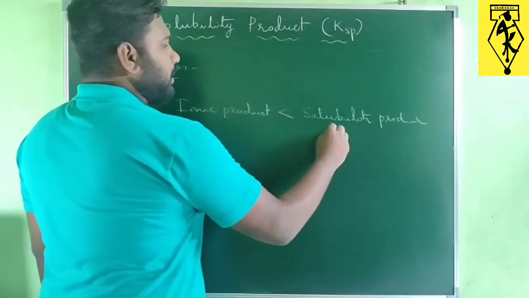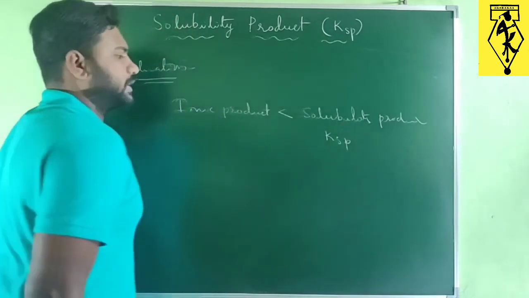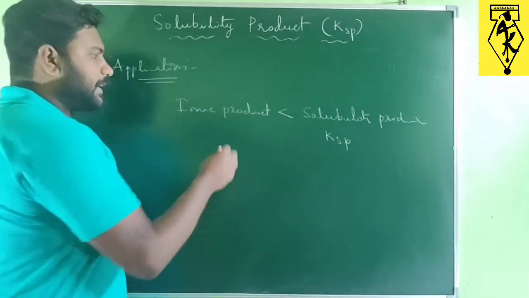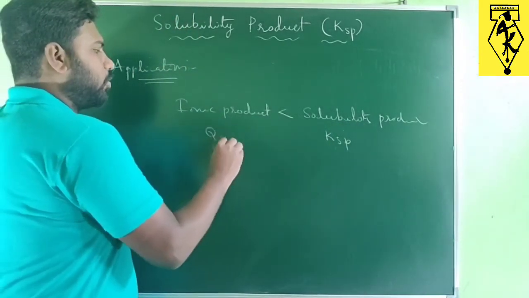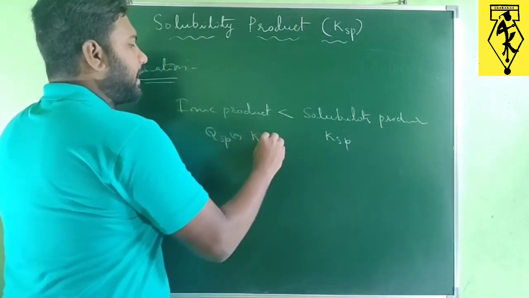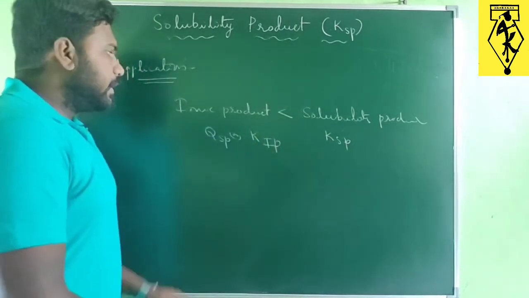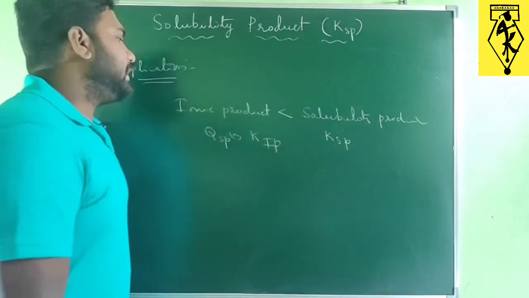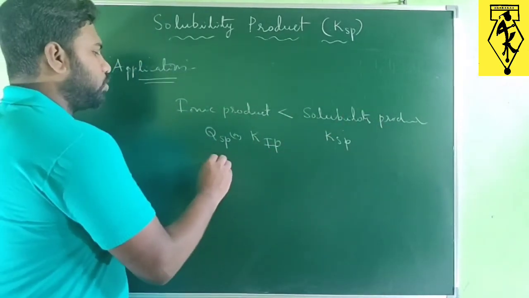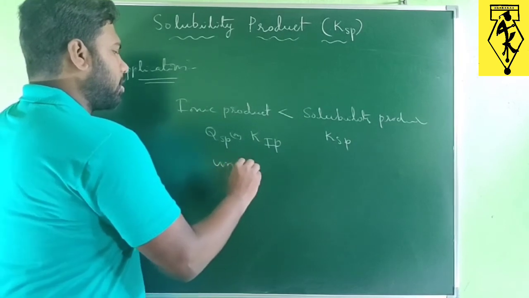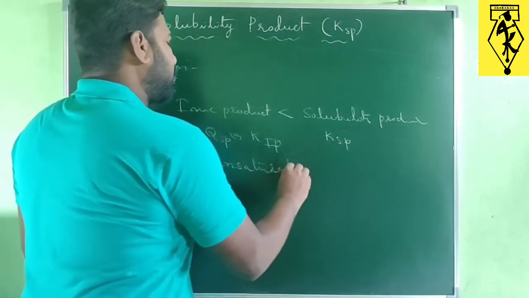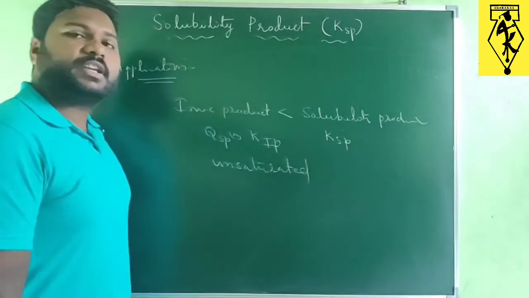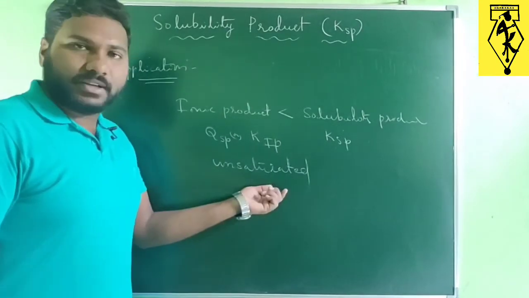Solubility product can be denoted with KSP, and the ionic product can be denoted with QSP or KIP. If this ionic product is less than the solubility product, then that solution is unsaturated. The nature of the solution is unsaturated.